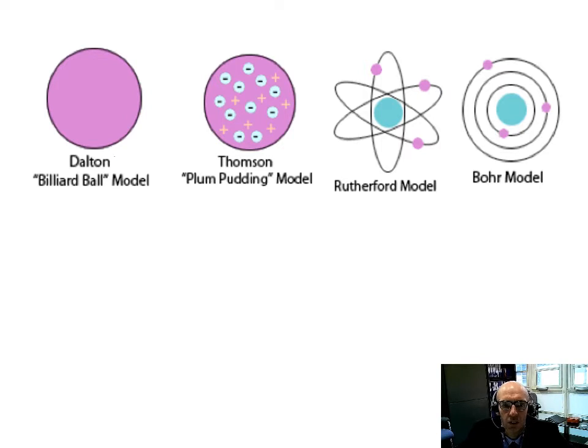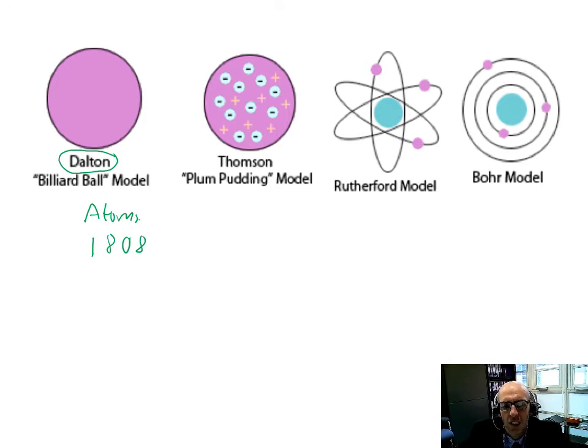So Dalton, as I've said, came up with the idea that everything's made out of little particles, and those little particles are atoms. That was in 1808. So what we're talking about there is what? 213 years ago.